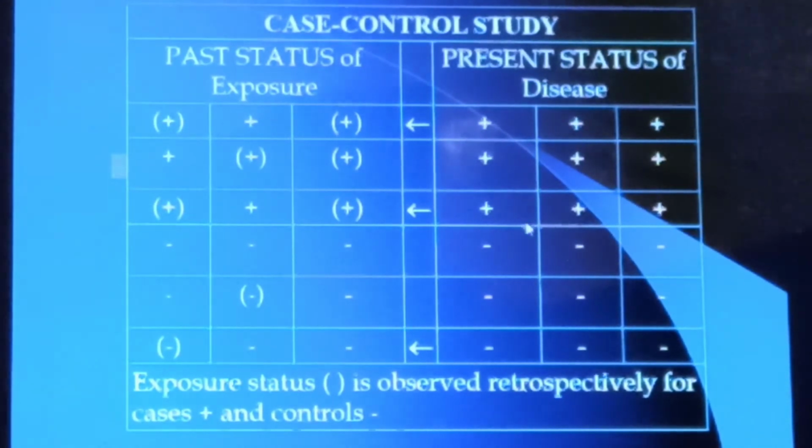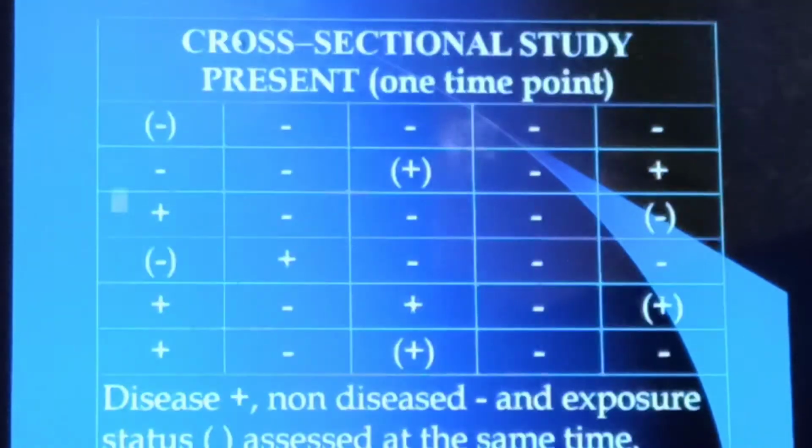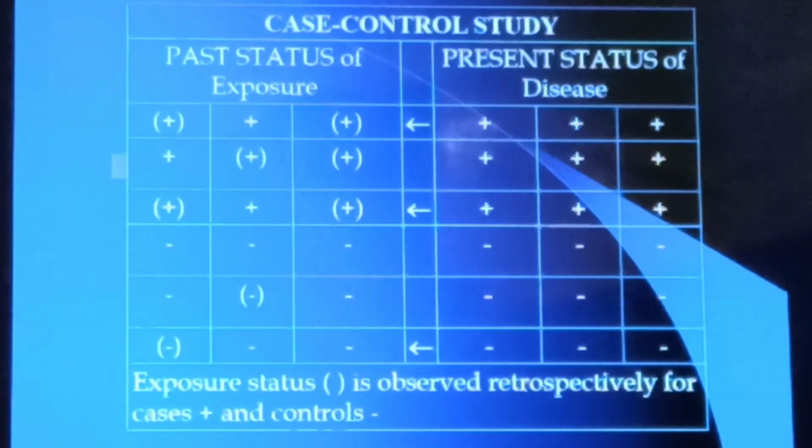We enroll a group of lung cancer cases and a group of controls, non-lung cancer cases. Their smoking status is observed retrospectively: how many were smokers among the cases and how many among the controls. Then by making an association table, disease present, disease absent, smoking and non-smoking, we can find out the association.